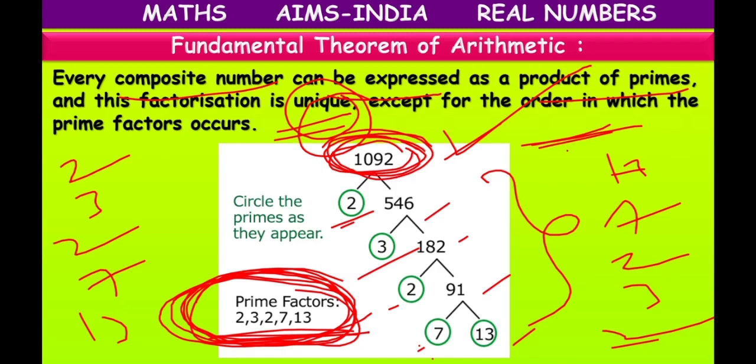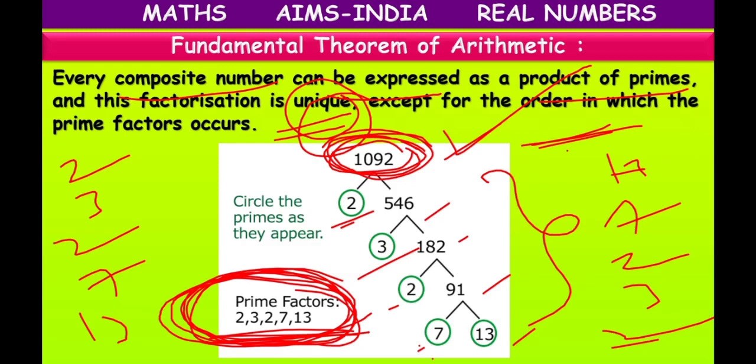That factorization is unique. It exists in its own way, like one kind. Unique, except for the order of prime factors in which we are representing.